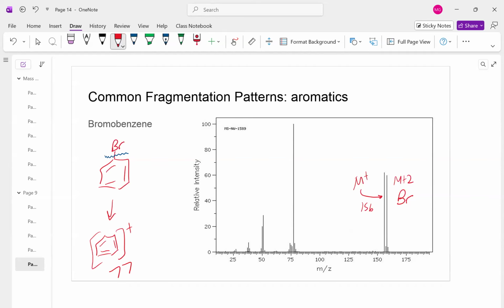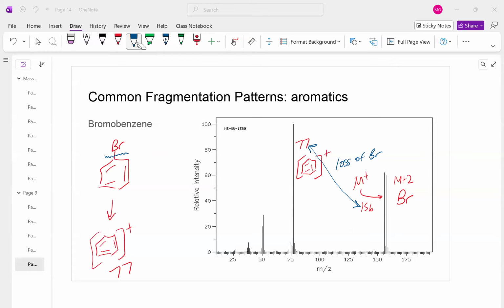And notice my base peak here at 77 represents this benzene cation. If I were to take the difference between 77 and 156, that would be the mass of bromine. So going from 156 to 77 represents that loss of bromine.